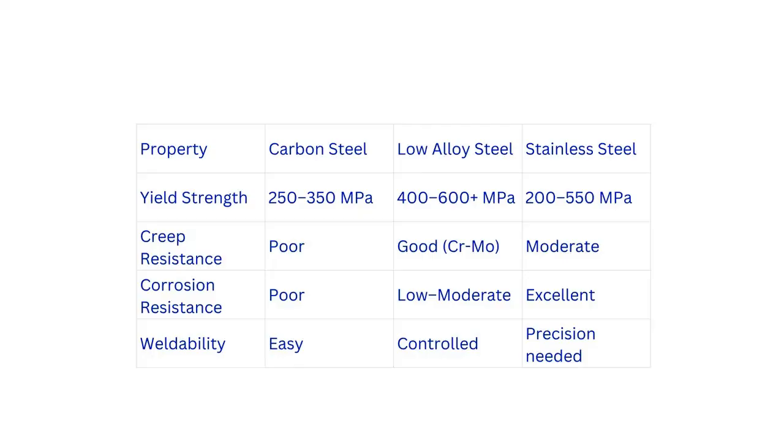Corrosion resistance: carbon steel, poor. Low alloy steel, moderate. Stainless steel, excellent. Weldability: carbon steel, easy. Low alloy, controlled with preheat. Stainless, needs clean zone and gas shielding.